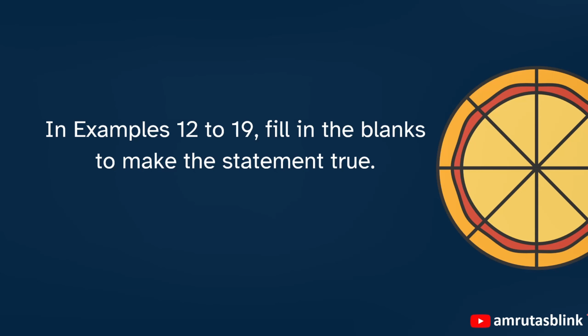In the examples 20 to 19, fill in the blanks to make the statement true. A fraction acts as an operator. Now whenever we say that we need to find out 1 by 2 fraction of, let's say, any number 10.